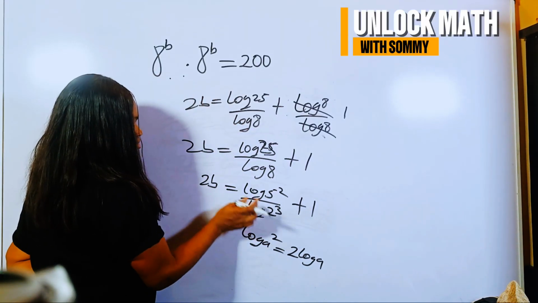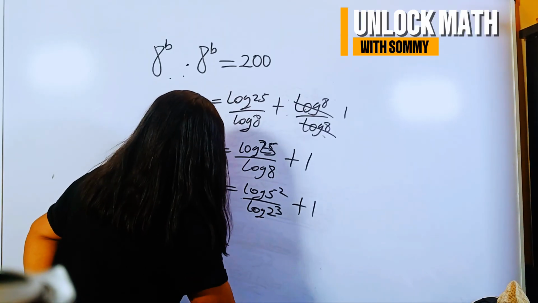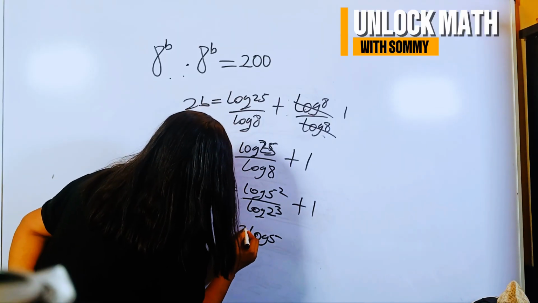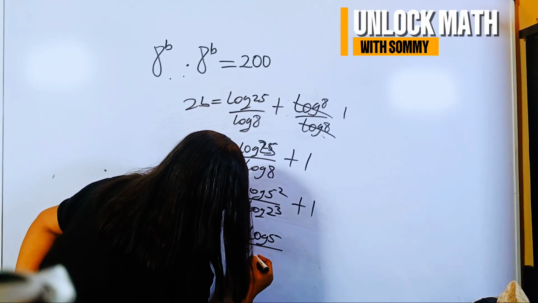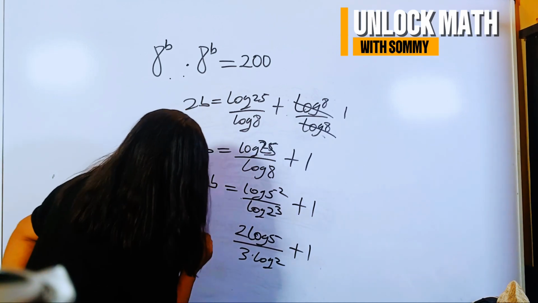Therefore, we now have 2 multiplied by log 5, all divided by 3 multiplied by log 2, plus 1.